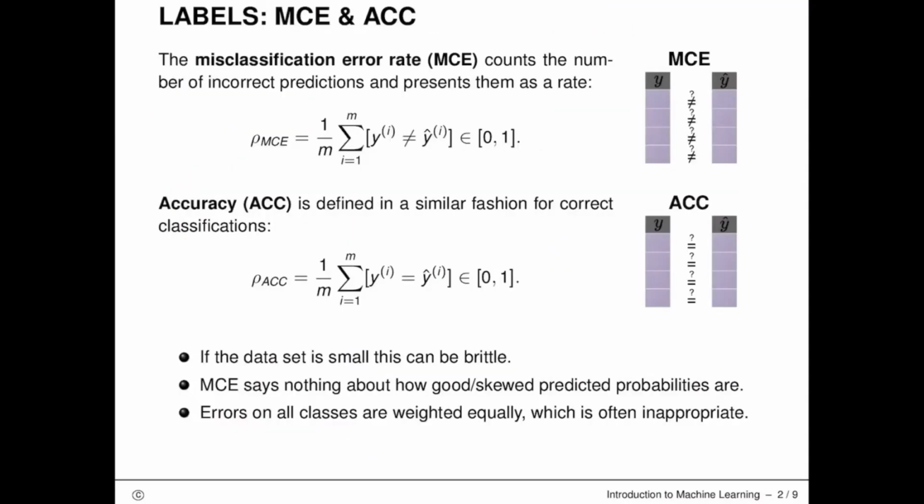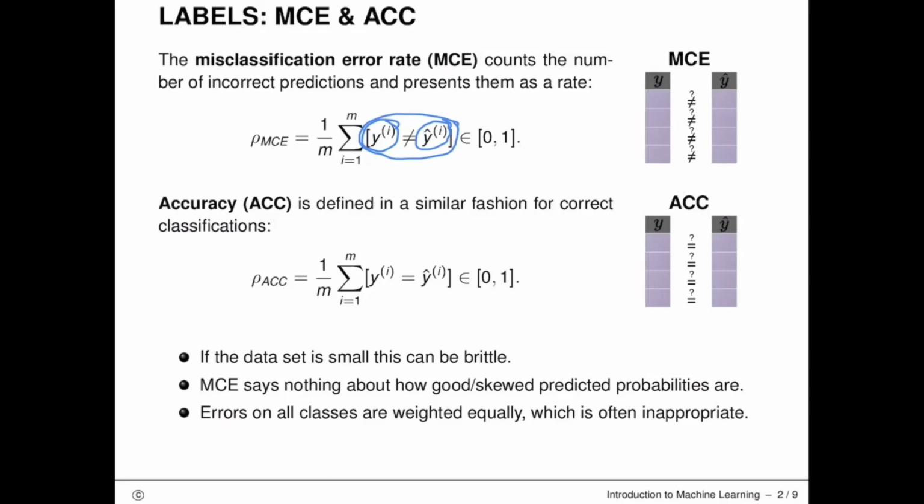The first two metrics I want to introduce are the misclassification error rate, MCE, and the accuracy. And those are very closely related. For the misclassification error rate, we count how many false predictions we make. So we compare y, the true label, with y hat, the predicted label, for each instance of the data set we use for evaluating our classifier.